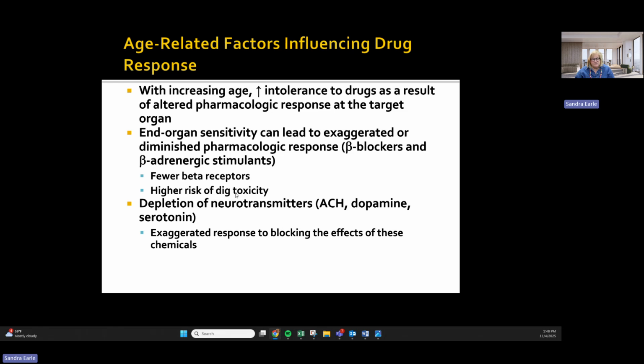There's a higher risk of digoxin toxicity because of this. Luckily, digoxin isn't used that much anymore except for AFib. But again, there's a higher risk because of this loss of these exaggerated responses. There's also a depletion of neurotransmitters like acetylcholine, dopamine, and serotonin. So you can again have an exaggerated response to the blocking effects because there's less of it to begin with.